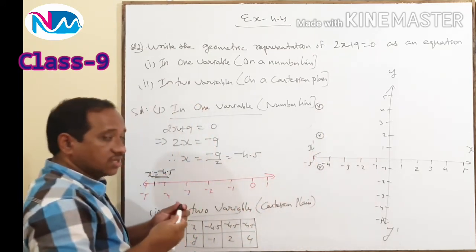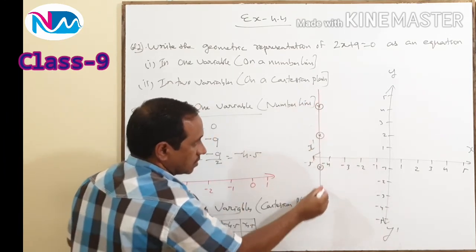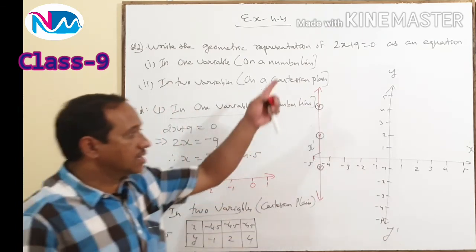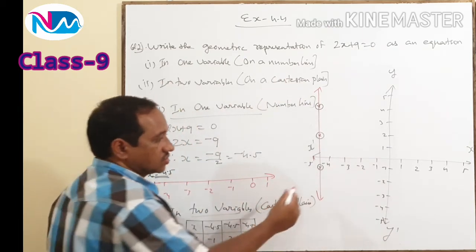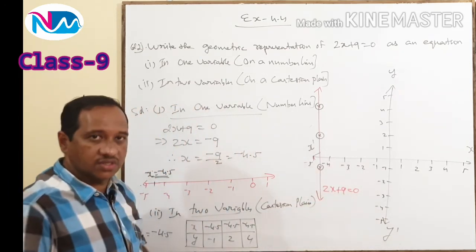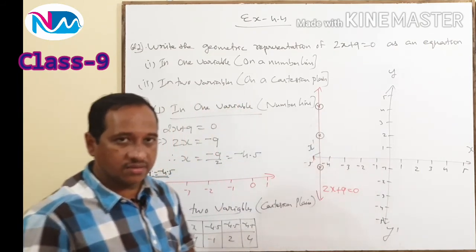You can see that if you join all these points, you get a straight line which is parallel to y-axis. So this is the equation 2x plus 9 is equal to 0 in two variables or in a Cartesian plane.